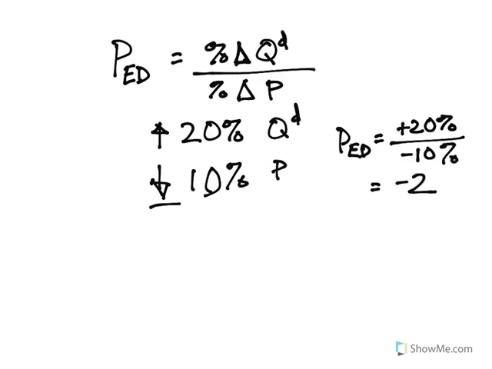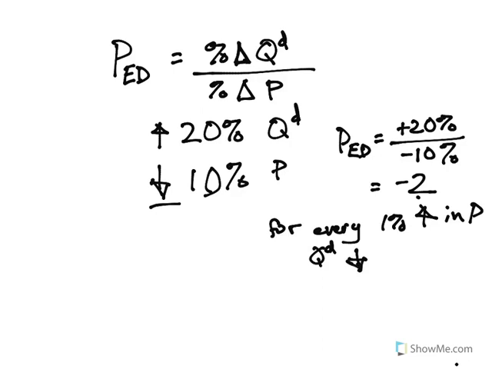And we end up with a price elasticity of demand of -2, meaning that for every 1% increase in price, the quantity demanded of this good will decrease by 2%.